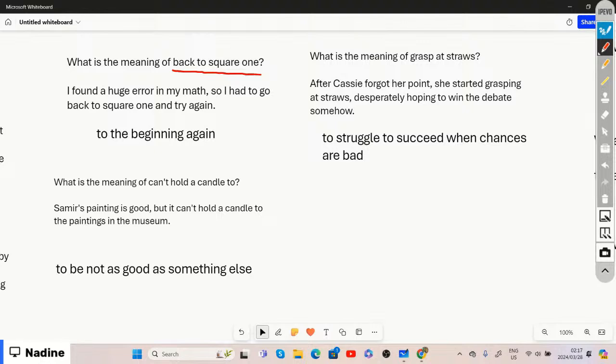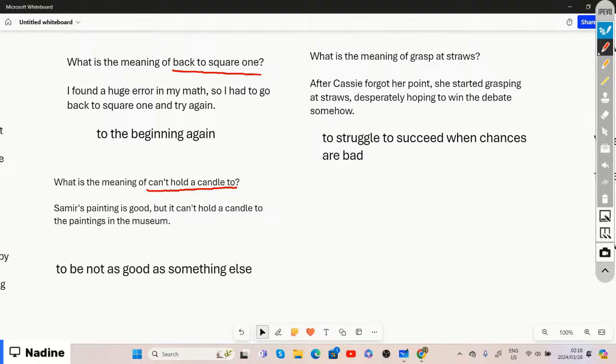All right, the next one says, what is the meaning of can't hold a candle to? You can also say it's to correct your mistake. Yes, correcting your mistake is like starting all over, going back to square one.